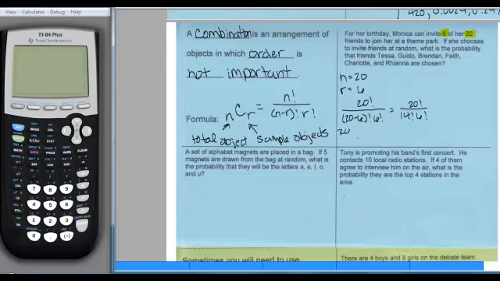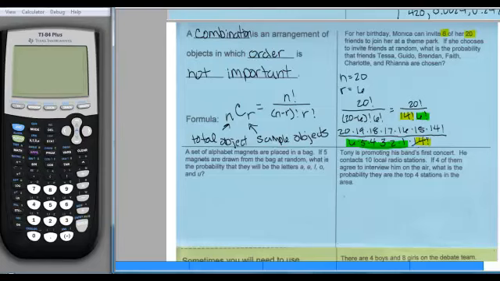So we have 20 times 19 times 18 times 17 times 16 times 15 times 14 factorial, all over 6 times, sorry, times 5. I forgot a number. 6 times 5 times 4 times 3 times 2 times 1 times 14 factorial. So again, if you lost where everything went, 14 is right here, and 6 is all of this.